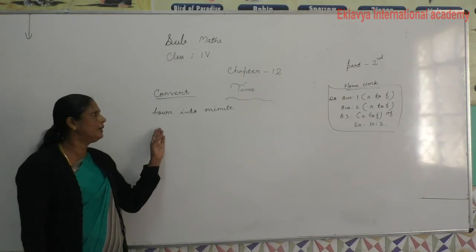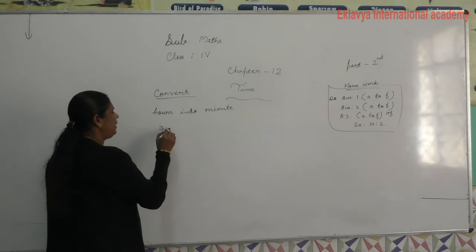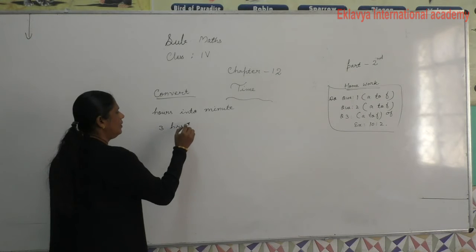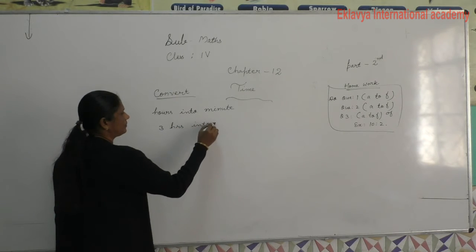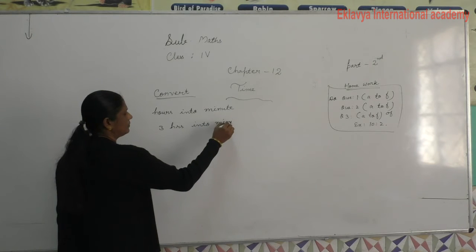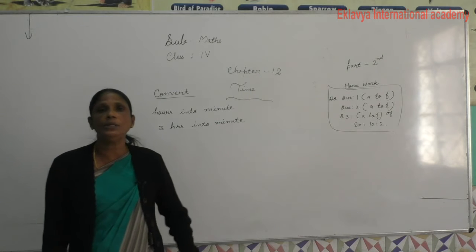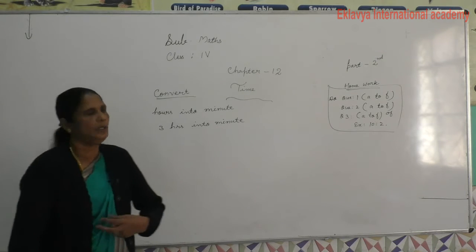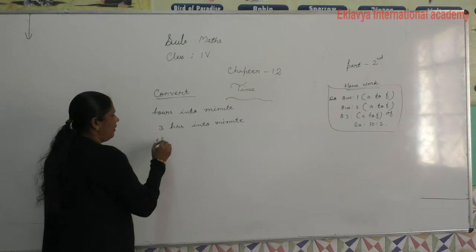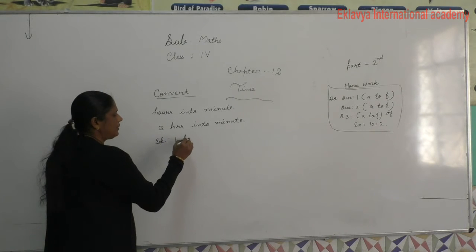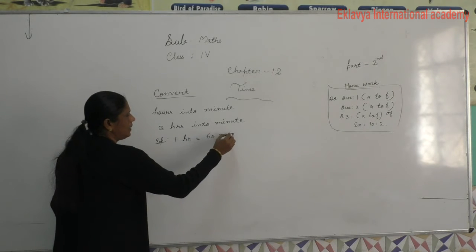Convert hours into minutes. 3 hours into minutes. 1 hour is equal to how many minutes? 60 minutes. Then solution: 1 hour is equal to 60 minutes.